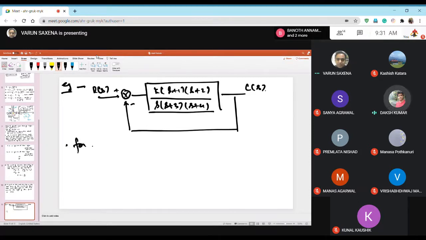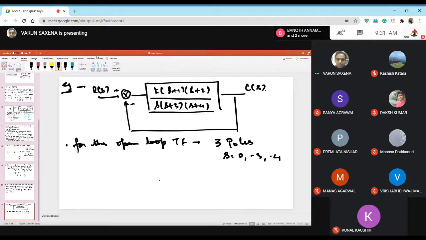So 3 poles, 2 zeros. For the open loop transfer function, we have 3 poles, located at s equal to 0, s equal to -3, and s equal to -4. And we have 2 zeros, located at s equal to -1 and s equal to -2.